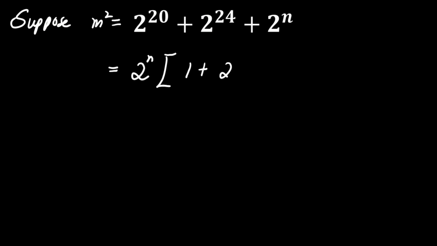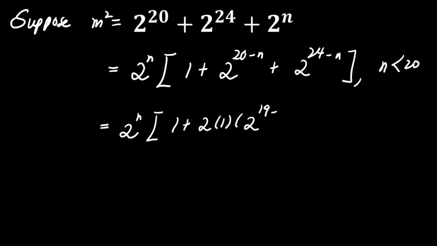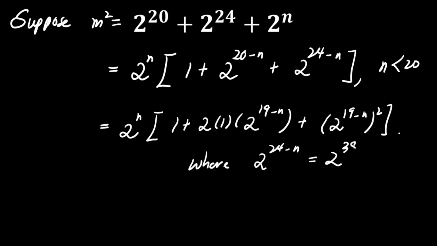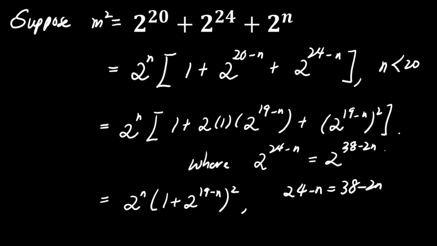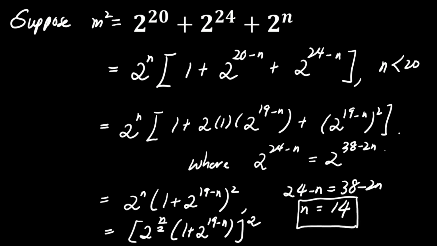Next, we assume that n is less than 20 and factorize 2 to the power of n. Apply the same method and we obtain n equals 14 for getting a perfect square. So far, we obtain three answers, n equals 14, 23, and 26.